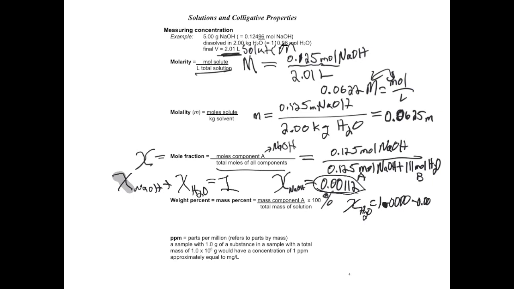I plug those in, and I get 0.99888, going out to the 5th decimal point.